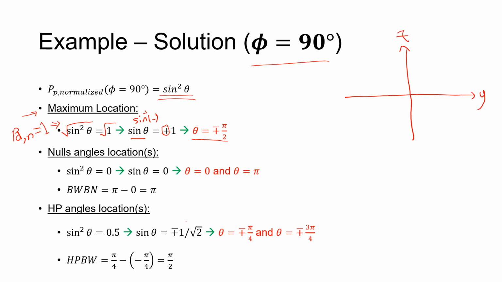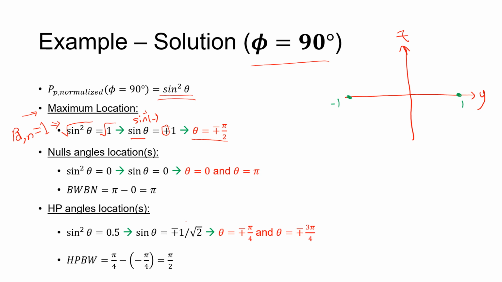Where is theta? Theta is the angle with Z. And where is its maximum? When it is equal to 90 degrees. So the maximum will lie on the y-axis, this one and this minus one.